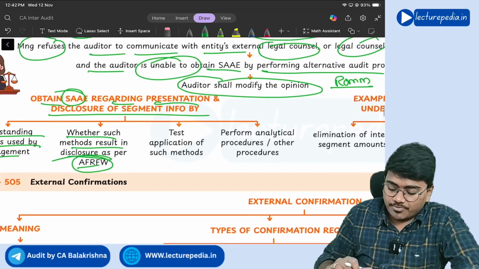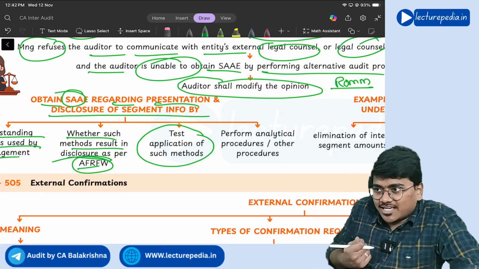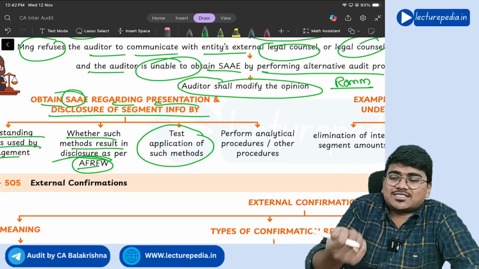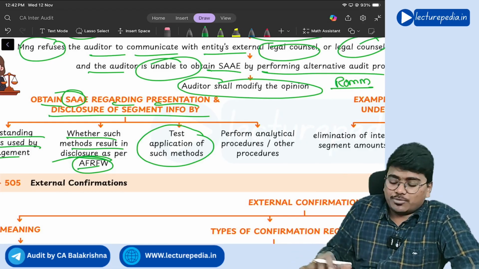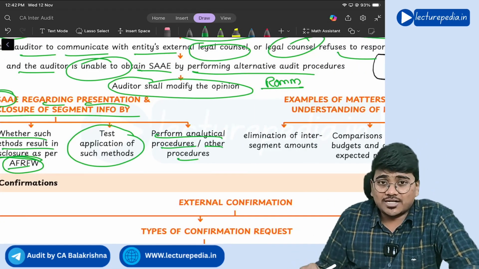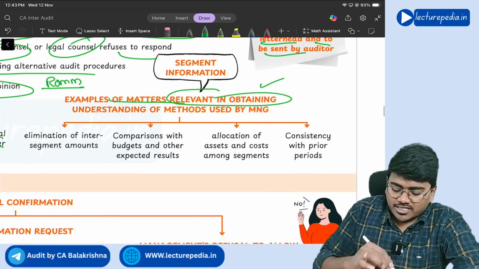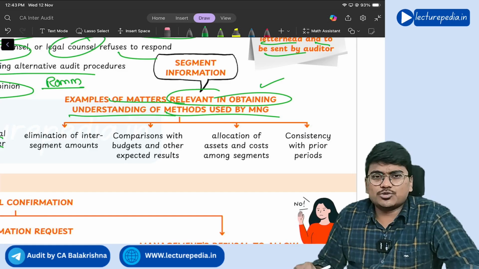Okay, that you need to see. Next, test application of such methods. The auditor himself has to apply those methods and test whether proper results are occurring, and perform analytical procedures and other procedures. Got it? Yes.